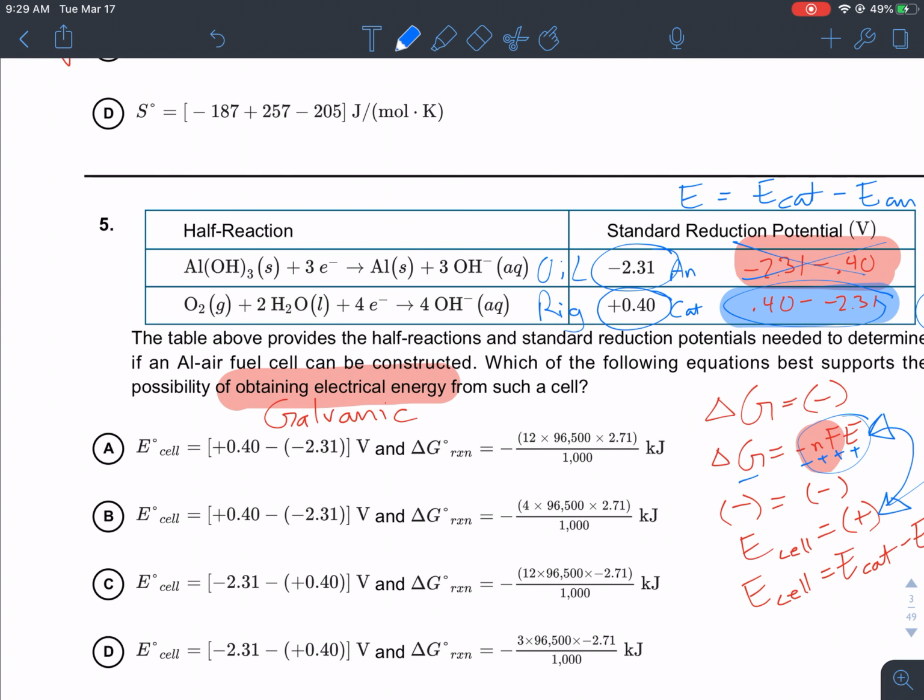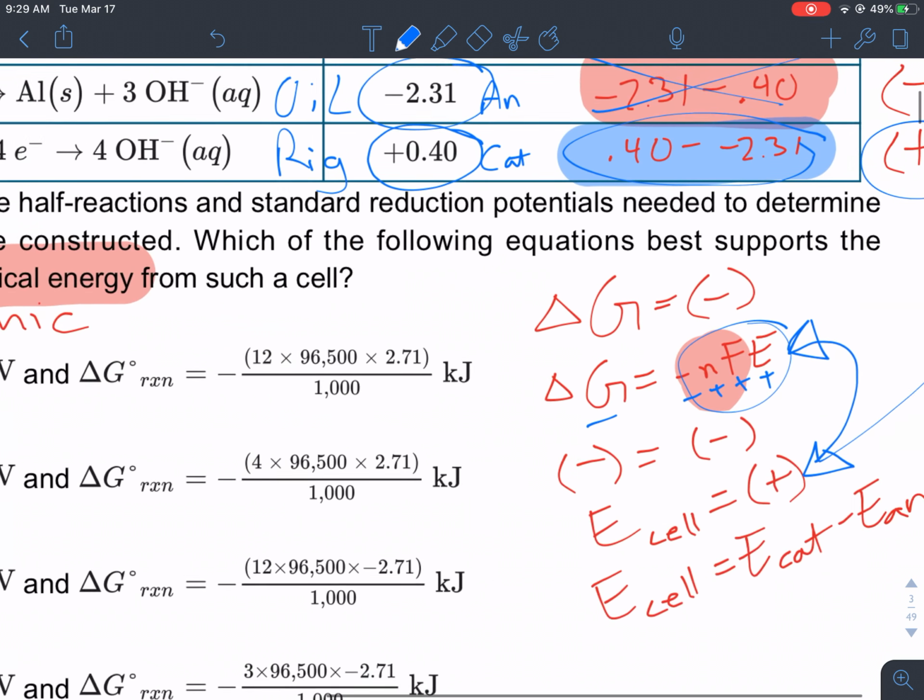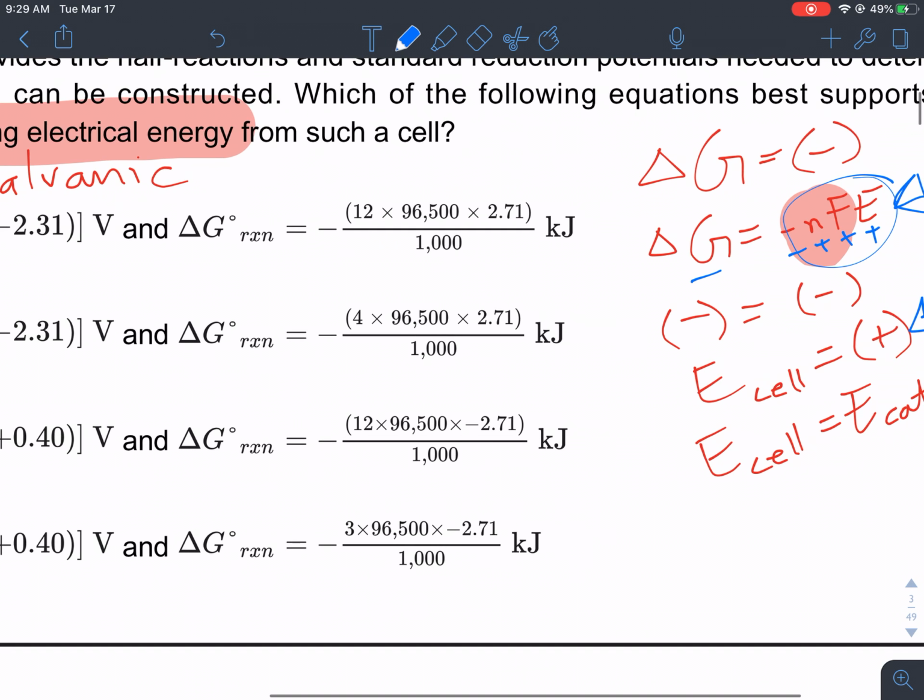Now, the first thing I know is that it can't be C or D, because those are going to give me negative E cell values, which would give me the wrong delta G. Now, if you look at these numbers, how is delta G calculated? We've canceled out this guy and this guy.